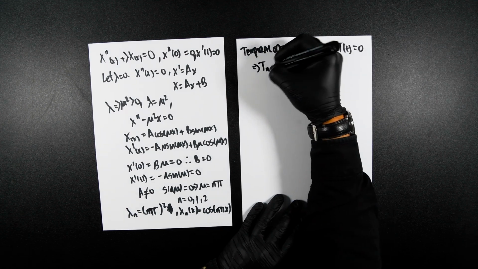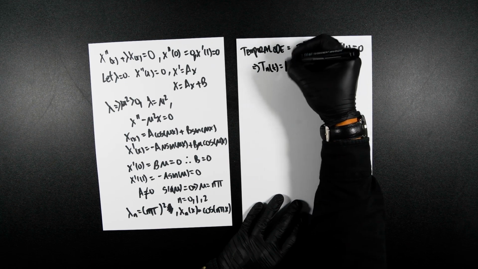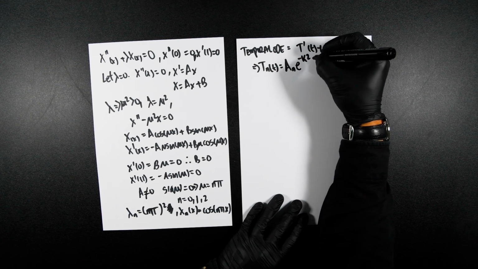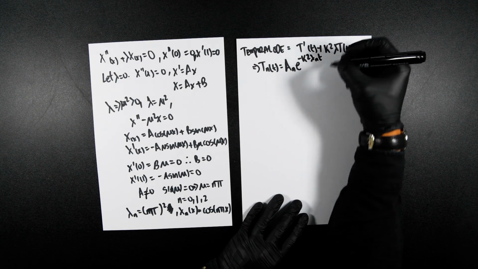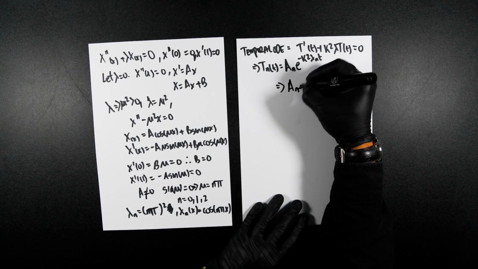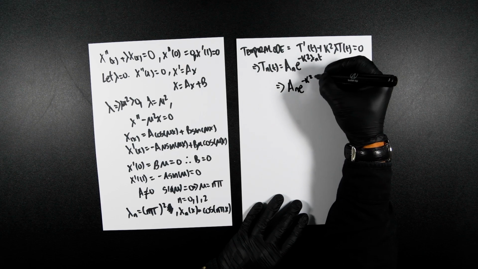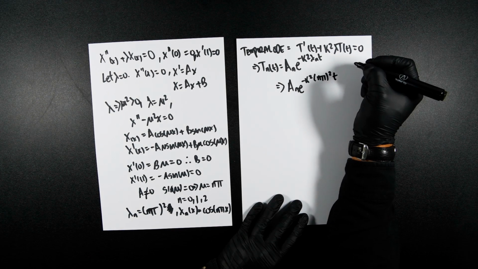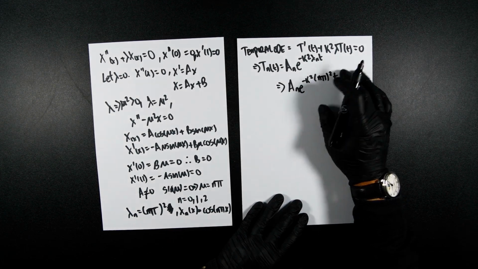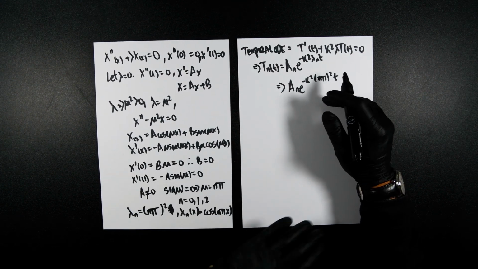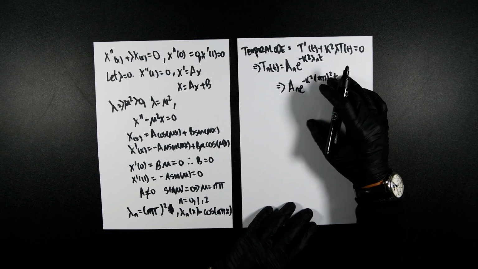General formula for that, which is going to be a n e to the minus k squared lambda n t. And so that's going to then be a n e to the minus k squared (n pi) squared t. So I've used the general formula, something that you need to know. Again, a lot of this question is about just remembering general formulas and slapping them in.